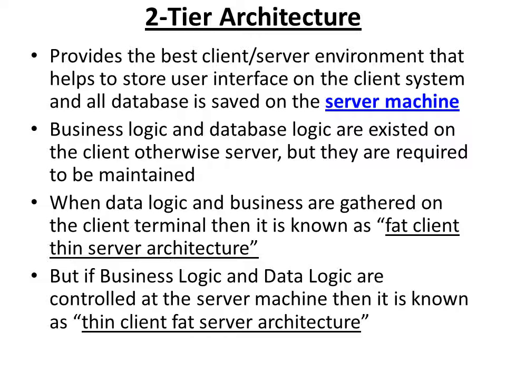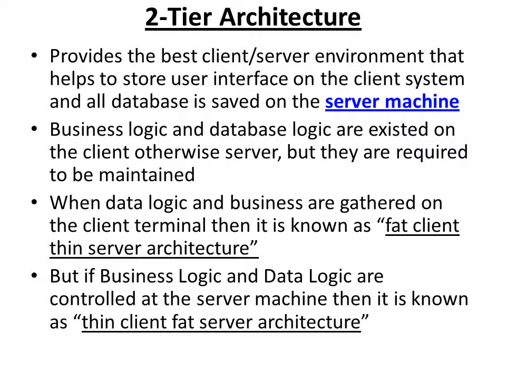Business logic and database logic can exist on the client or the server, but they are required to be maintained. So the business logic and database logic can be located on the client side or server side, but wherever they are located, they are required to be maintained properly.